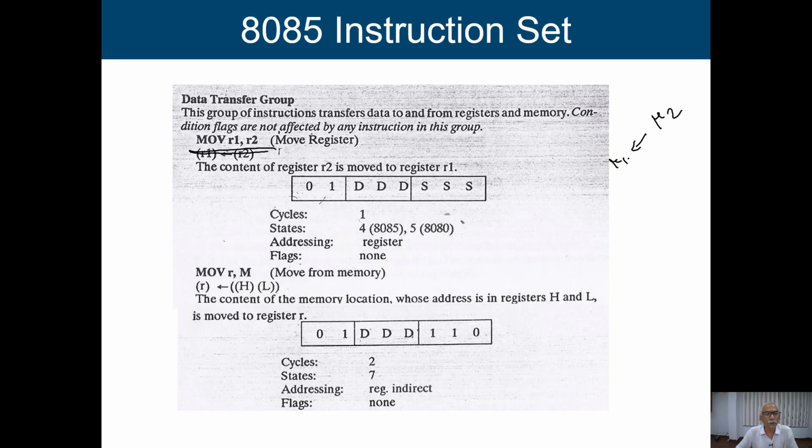So now what is the format? You just see that the first 2 bits are 0, 1 for this particular data transfer group. Sorry, it is 0, 1. So if the 2 most significant bits become 0 and 1, generally it falls in the data transfer group. But sometimes it may be used for other purposes also.